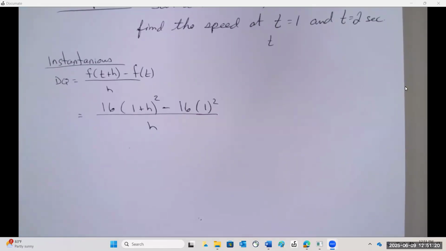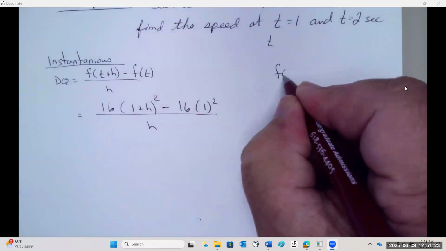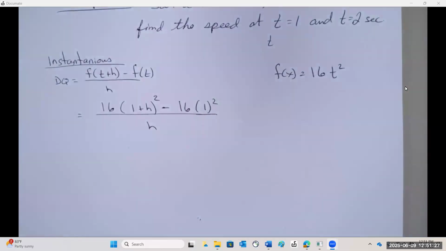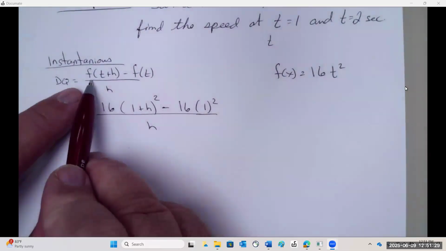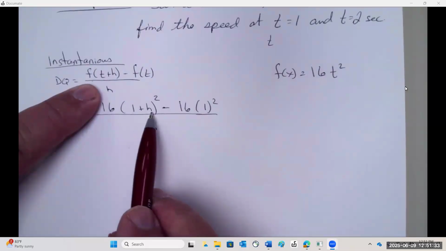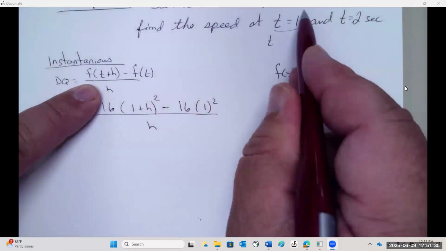You see how I set it up? Because remember, the function itself is 16t squared, so the t is t plus h. The first t is 1.